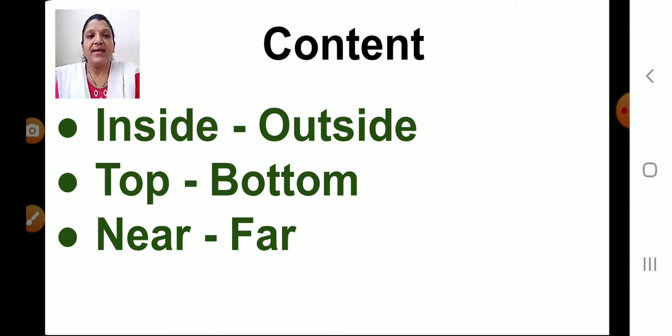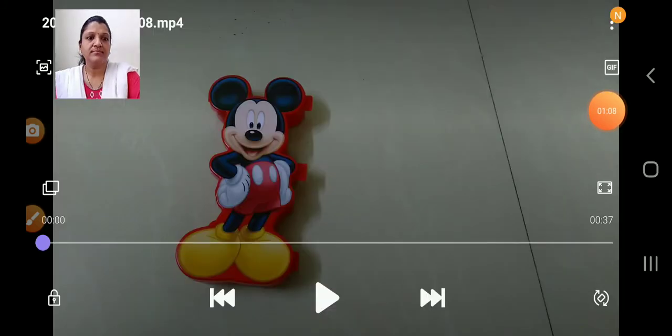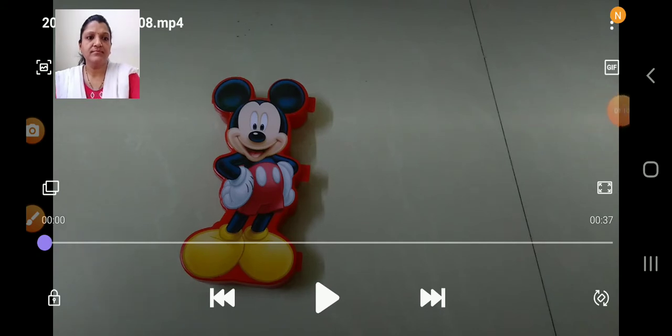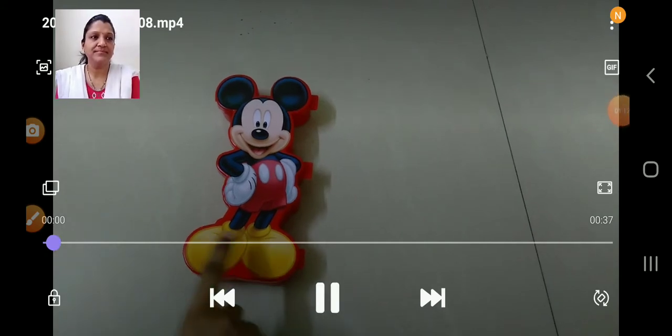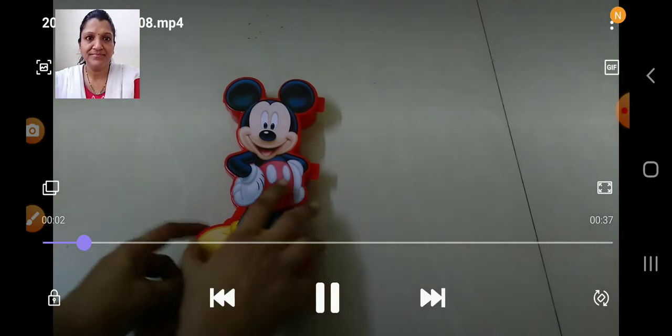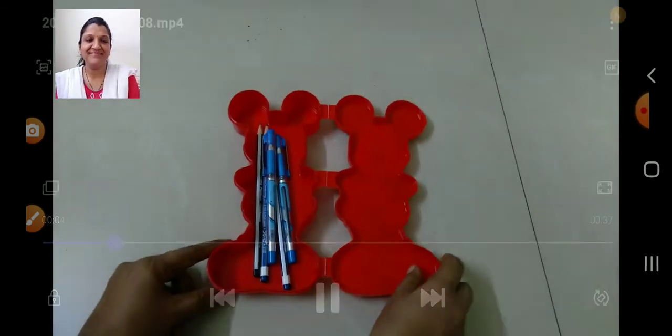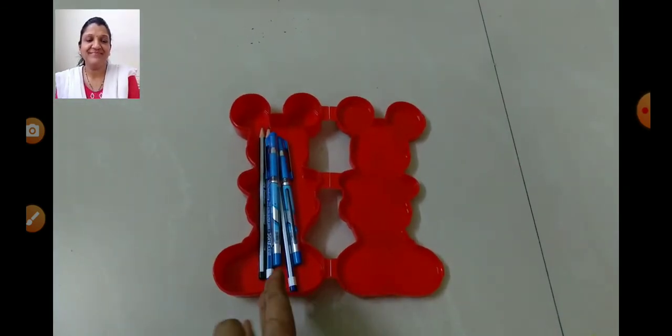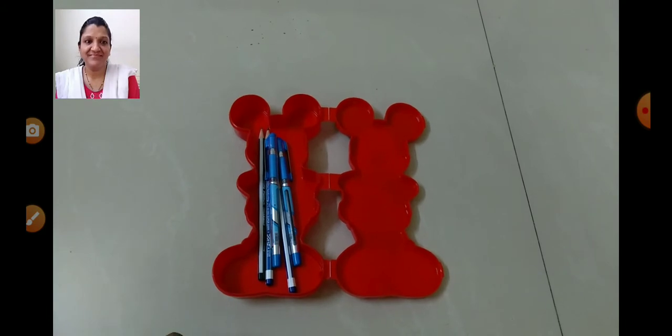Okay. Before going ahead, shall we see a video? This is a compost box. Look what I am having in the box. Some pencils and pens.